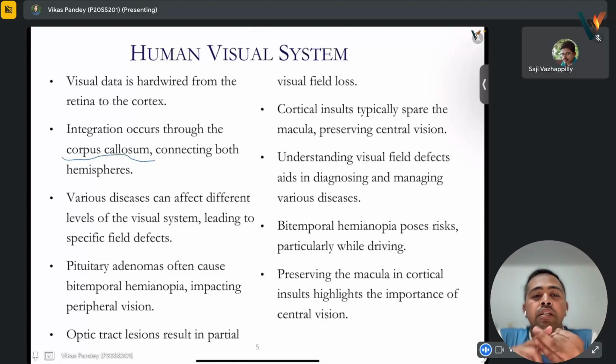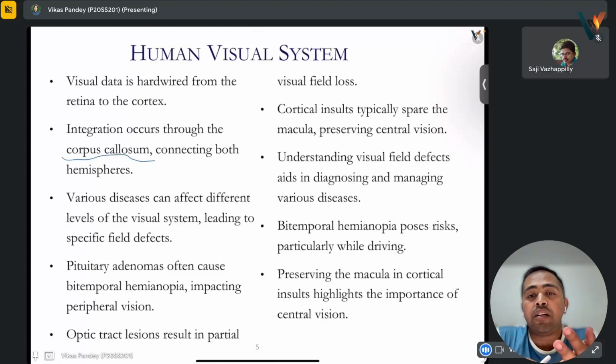There are some diseases that affect the level of the visual system, leading to specific field defects. Pituitary adenomas are one such disease which causes bitemporal hemianopia, impacting peripheral vision. We cannot see the peripherals. Optic tract lesions are also there that result in partial visual loss.